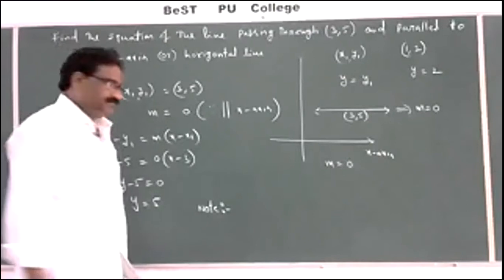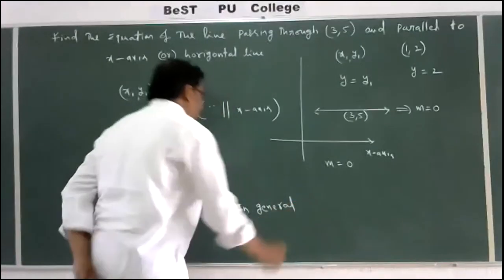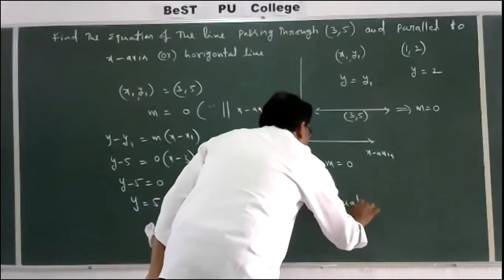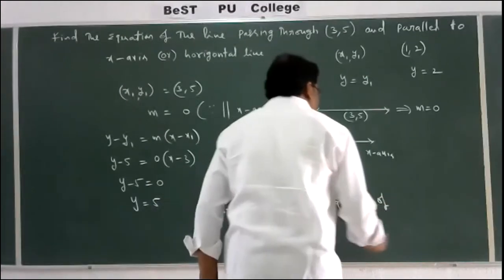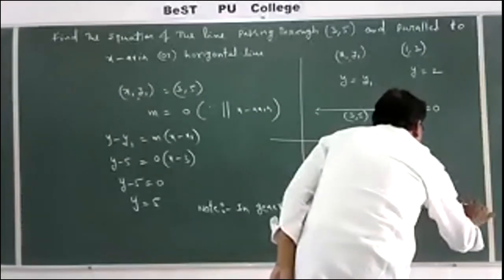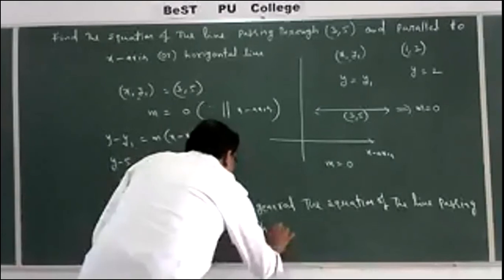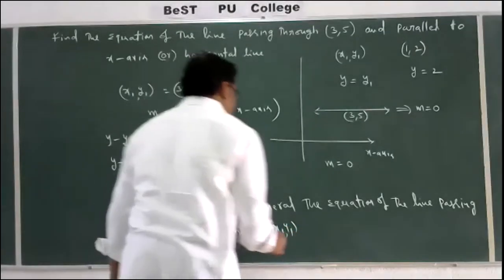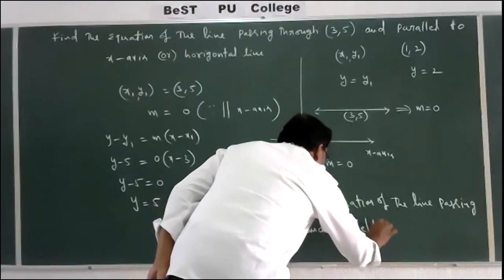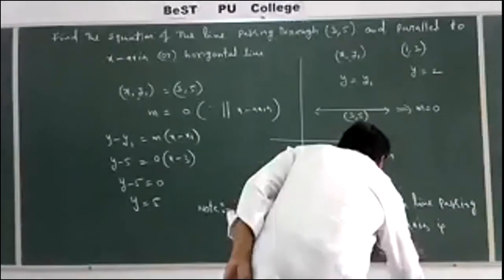In general, the equation of the line passing through (x1, y1) and parallel to the x-axis is y is equal to y1.